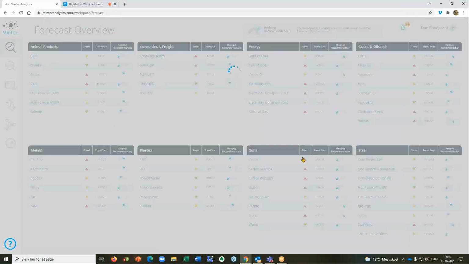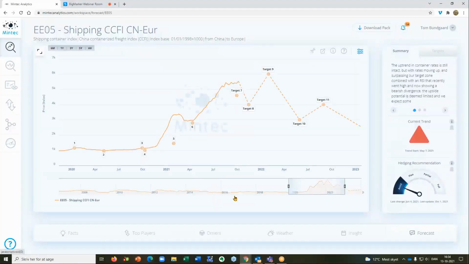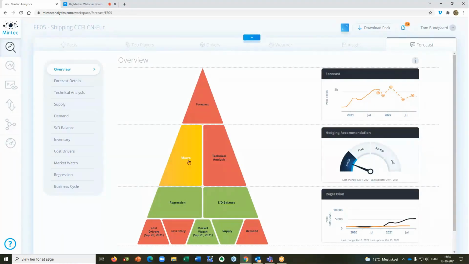So if I go to container rates and click on forecast, we're looking at the macroeconomy, we're looking at technical analysis, we're looking at the fundamentals of cost drivers and all kinds of things. So that's how we do our modeling.